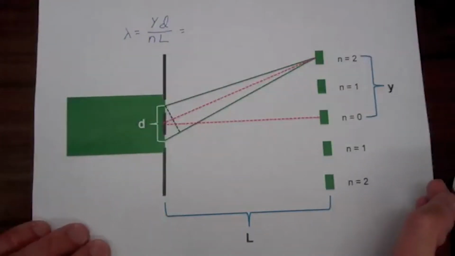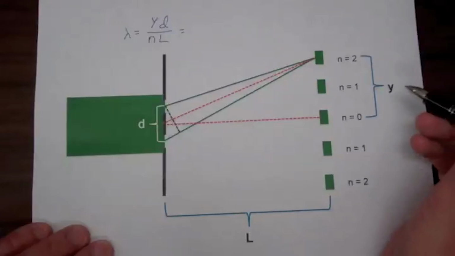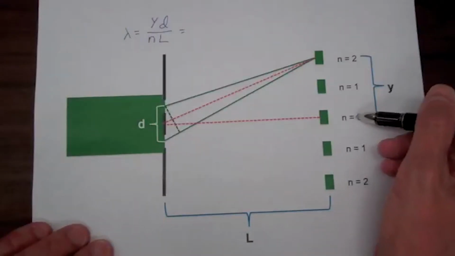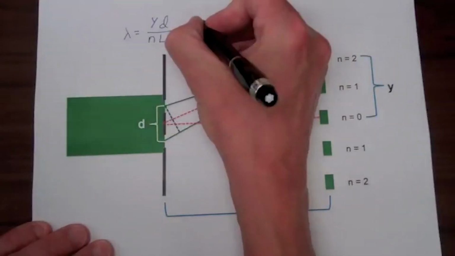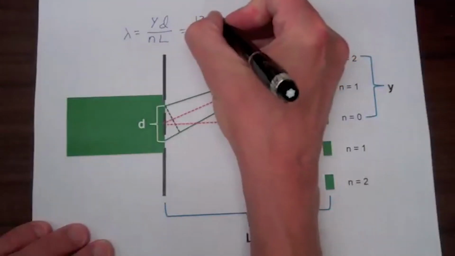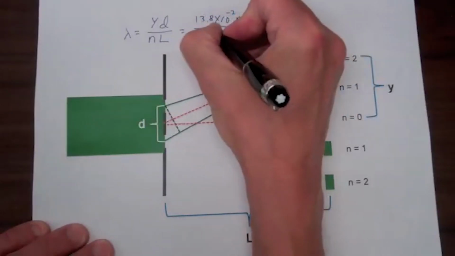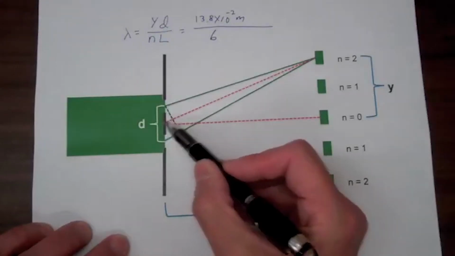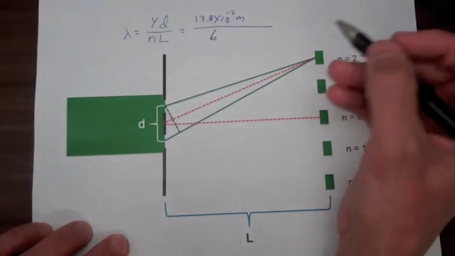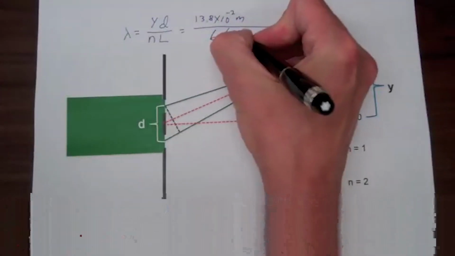We can now get a determination of the wavelength of our laser light from our measurements. The distance we measured from the n equals 0 to n equals 6 fringe was 13.8 centimeters, and so n is 6. The distance from our laser to the chalkboard we measured with a tape measure and obtained about 9 meters.